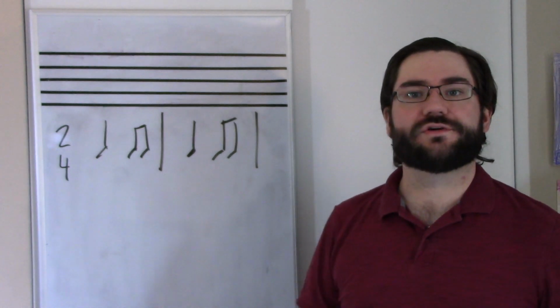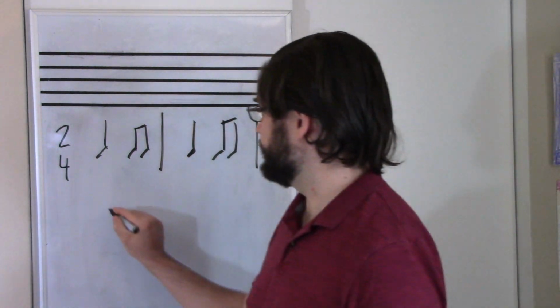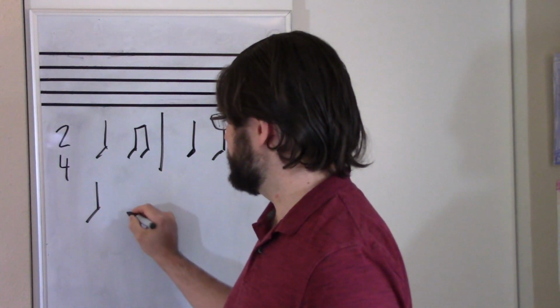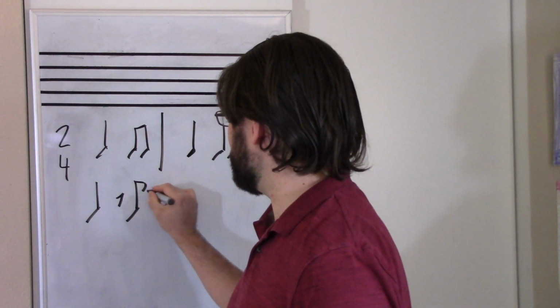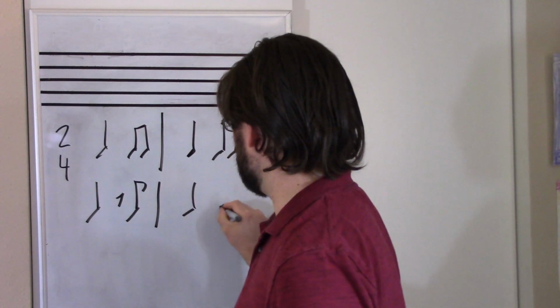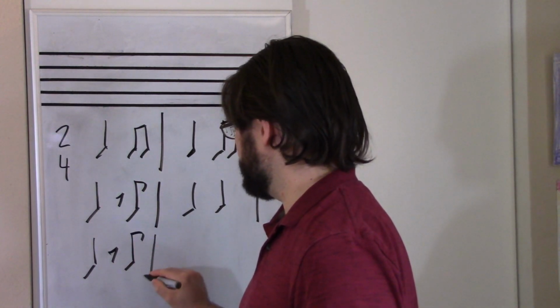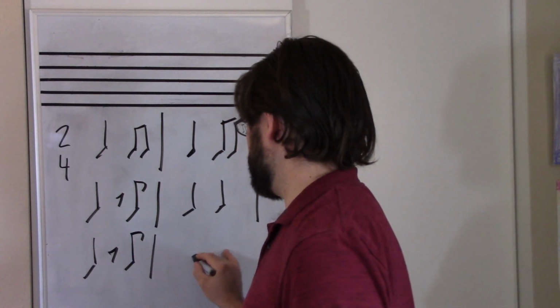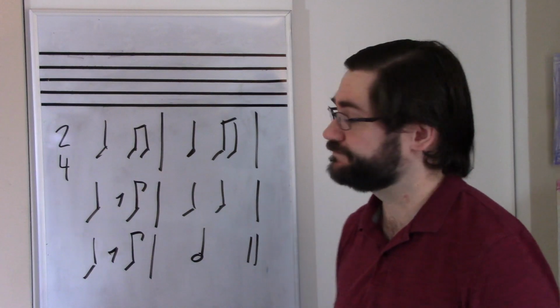Once we get to the third measure, that's when things start to become a little more tricky. You have a quarter note, then an eighth rest, and then an eighth note, and then 2 quarter notes. And then you have a repeat of this rhythm, quarter note, eighth rest, eighth note, and then a half note to end. So let's go through and count these out.